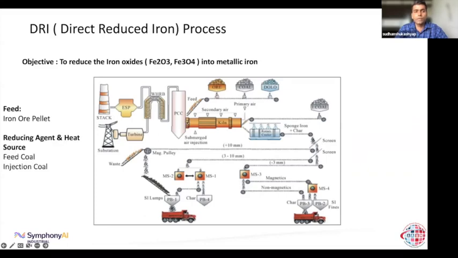And then we need a reducing agent as well, and also a heat source, because this is a high temperature reactor. The heat source is also coal. So coal is being burned in this kiln to provide the heat, and the carbon present in this coal also acts as a reducing agent. So coal serves both purposes, heat source as well as reducing agent.